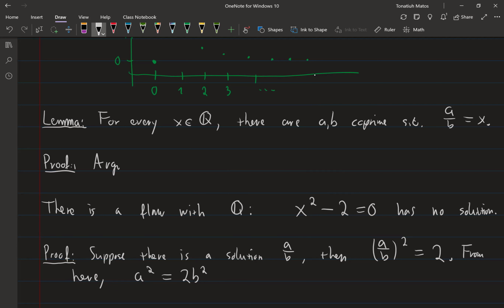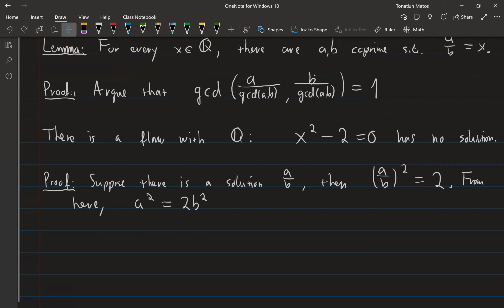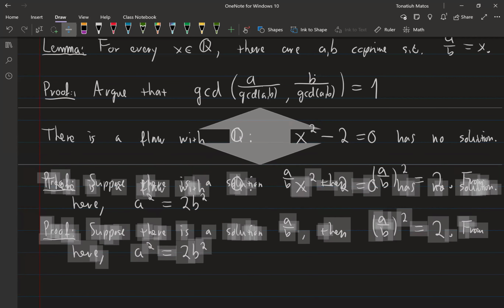Just argue that if you have two numbers a and b and you divide them by the greatest common divisor, you divide out every divisor they have in common, what you get will have no divisors in common because you eliminated all of them, right? So what you have to argue is basically that the greatest common divisor between a divided by the GCD of a and b, and b divided by the GCD of a and b, then these are always coprime. Why does this work? Well, this follows immediately from Bezout's lemma, right? So actually, this is actually a good exercise.